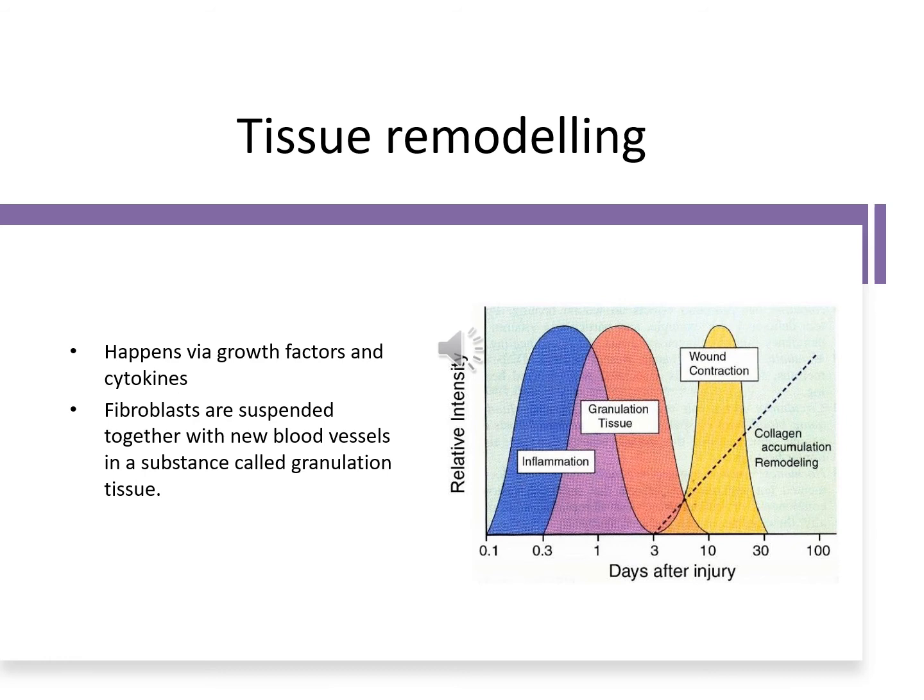We'll look at both those later. So the fibroblasts are then suspended together within these new blood vessels. And then we start getting granulation tissue, which is the first laying down of what hopefully will be the new tissue. So growth factors and cytokines suspend those fibroblasts and we get granulation tissue.